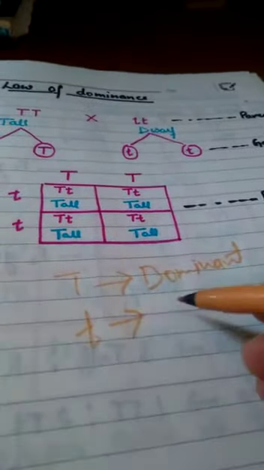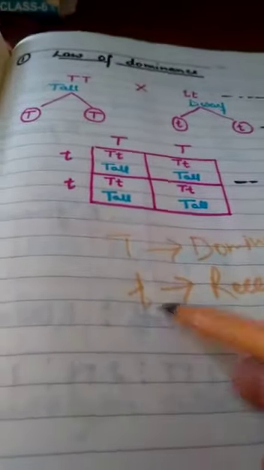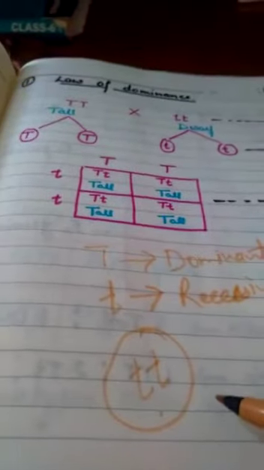So this capital T is dominant, and the other one, which is not able to express itself, is called recessive. This small t can express itself only when it is present in homozygous form. It means when it is present in the form small t small t, only then can it express itself, otherwise it can't express itself.